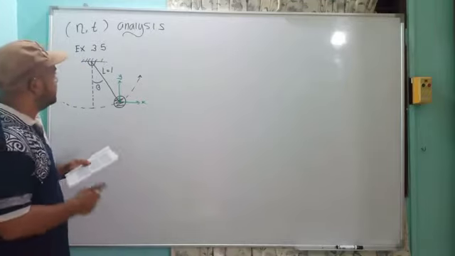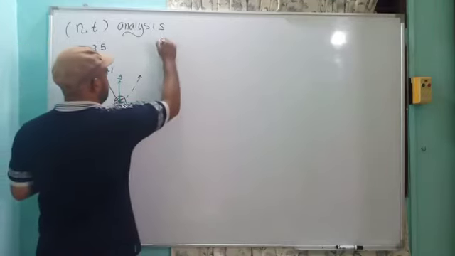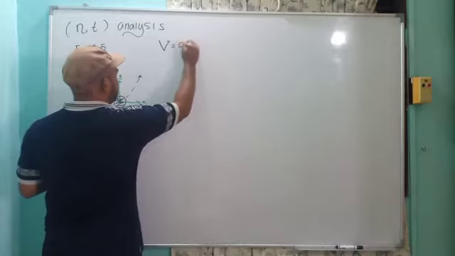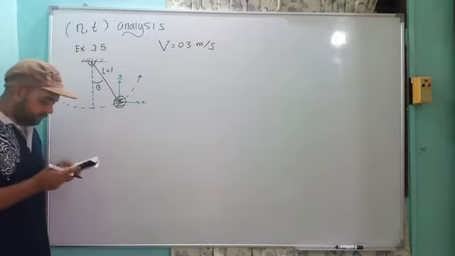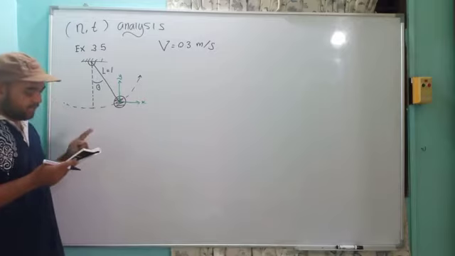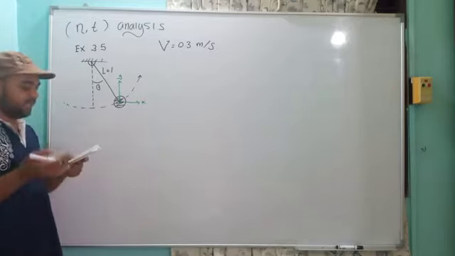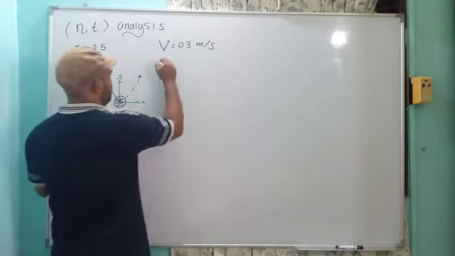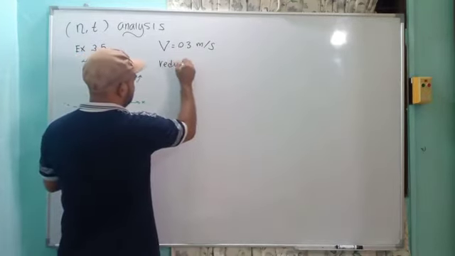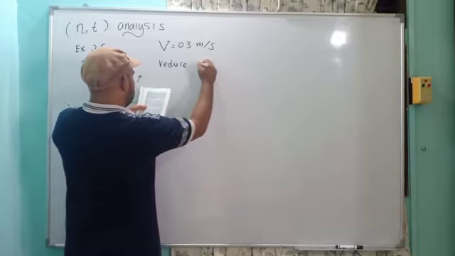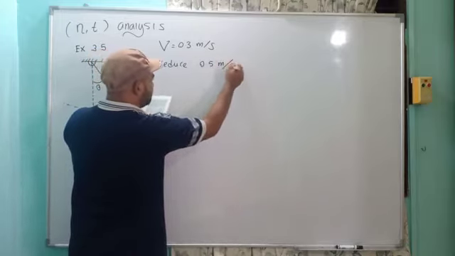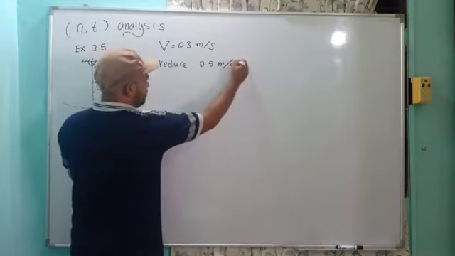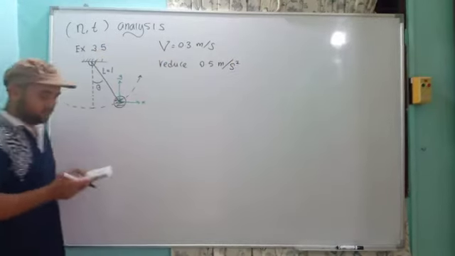It's clearly said that V equal to 0.3 meter over second, and reducing at a rate of 0.5 meter over second every second. So reduce 0.5 meter over second every second, so meter over second squared.